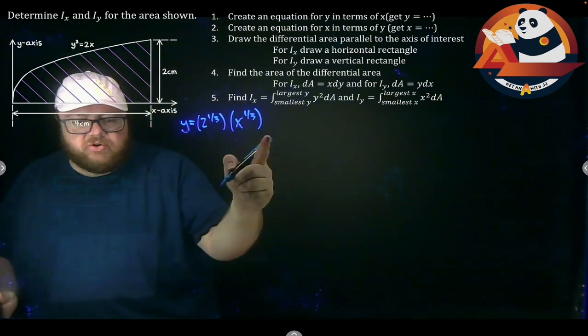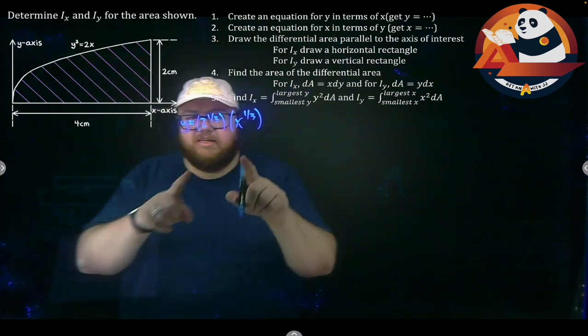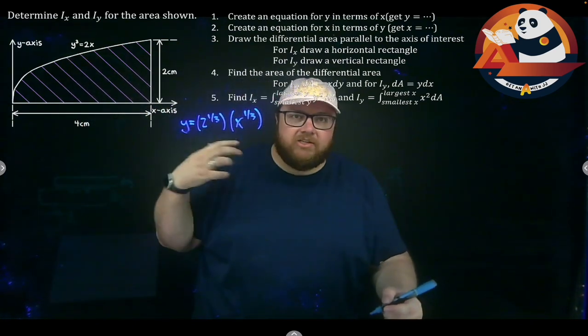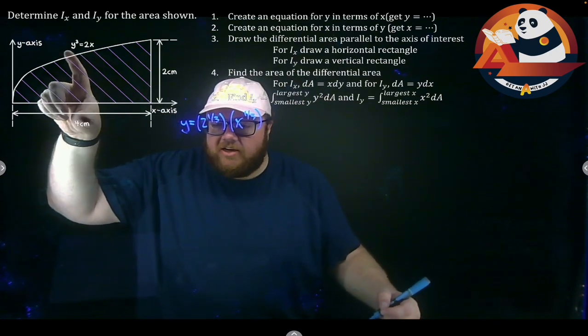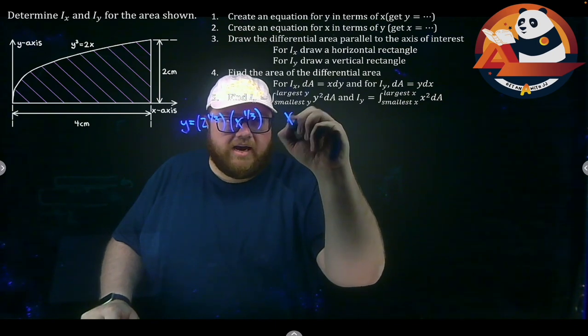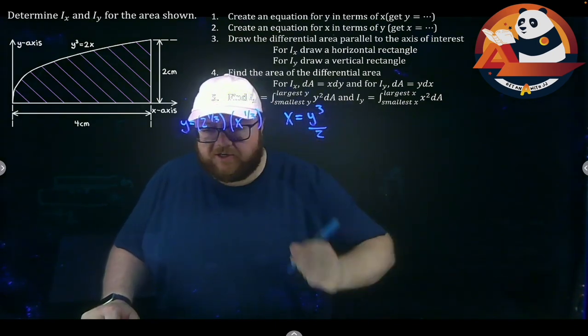Separating that into two cube root pieces is the same as the cube root of 2x. This will feel easier when we get to doing an integral with it. If I want to get my x equals, I can just divide through by 2. X equals y cubed over 2.